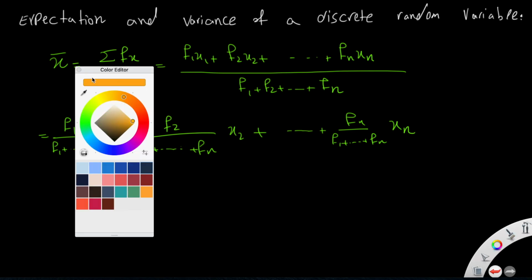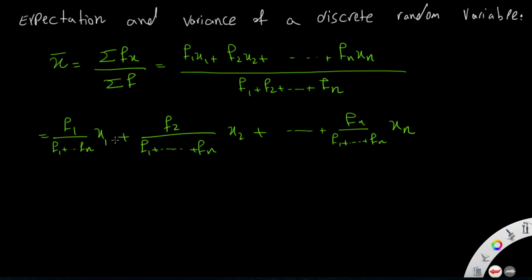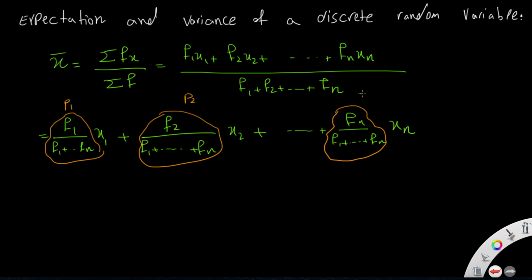Now we already know that when you want to find probability for each data, you just need to have the ratio, the frequency of that item over the total frequency. It gives you the probability. So you can write it is probability of x1, probability of x2, which is relative frequency actually, and here Pn. So it will be sigma P_i x_i, i changes from 1 to n.